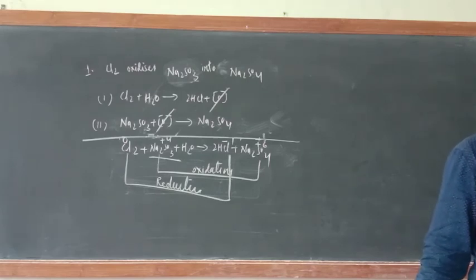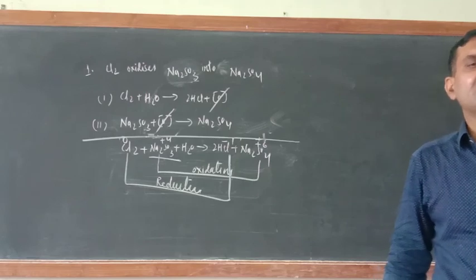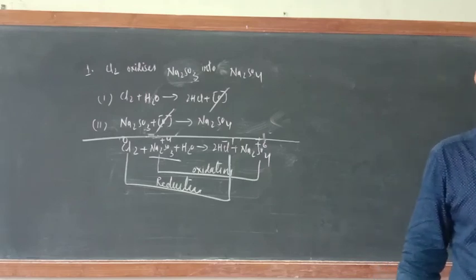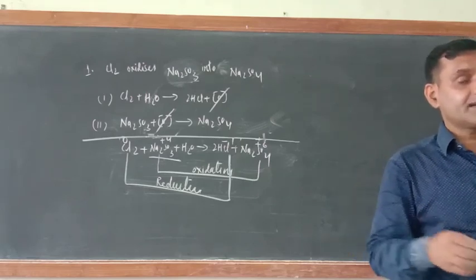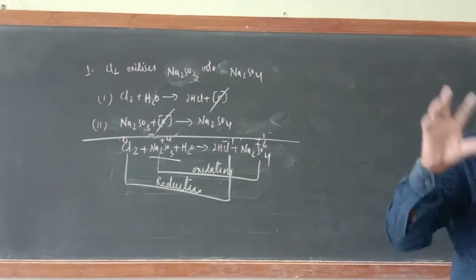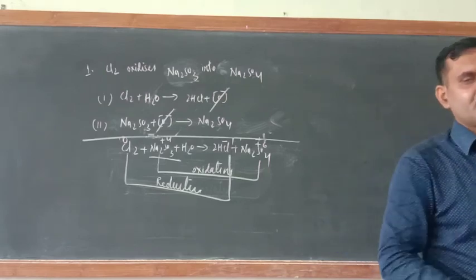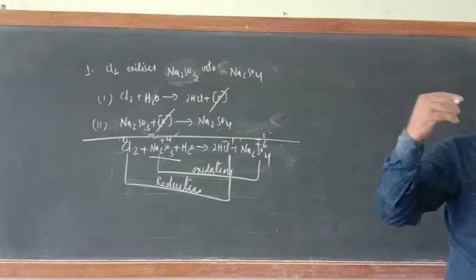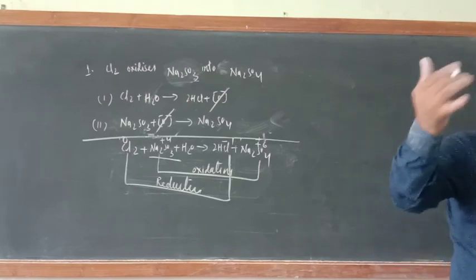If the concept of oxidation, reduction, oxidizing agent and reducing agent is clear to you, very easily you will come to know what the product will be. Generally people tell that there is a need of memorization, but here there is no need. Just know the concept, and automatically you will write the product.